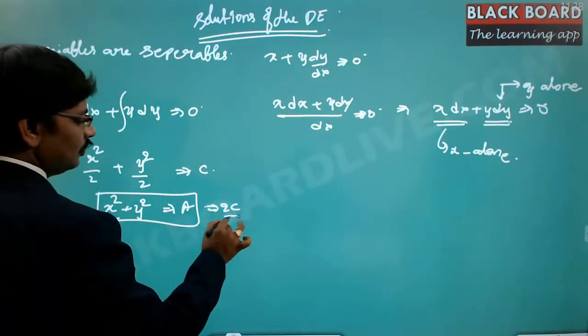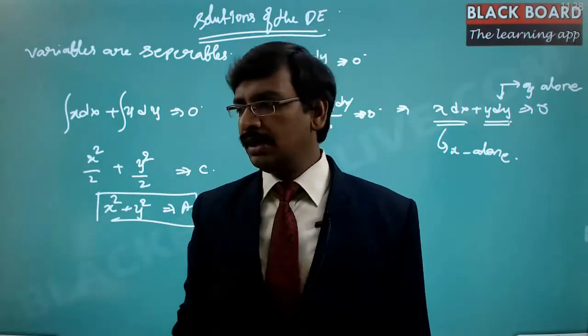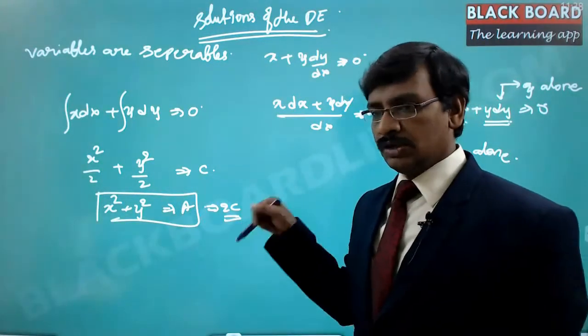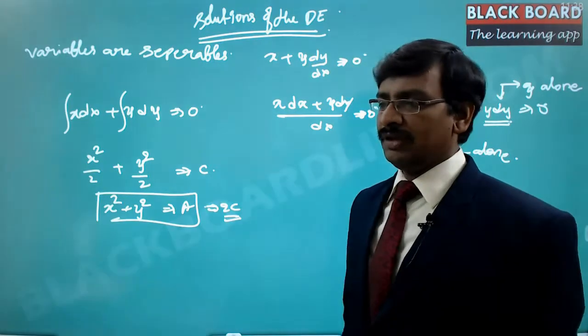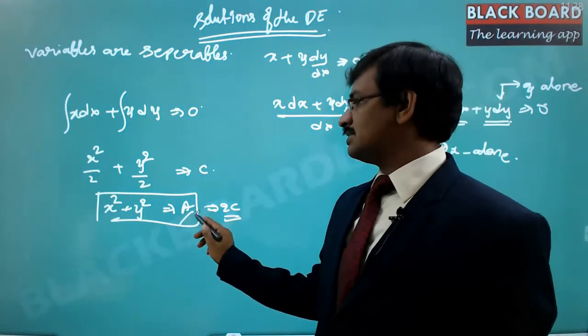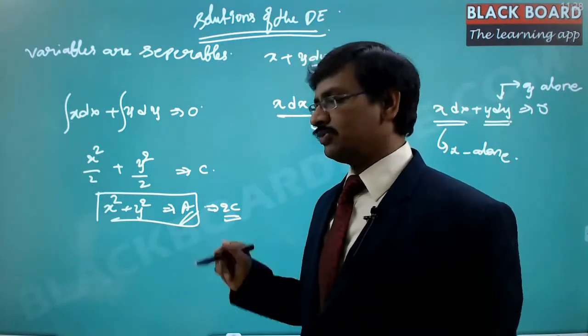So that is up to you how you want to treat this arbitrary constant, because here c is a constant, a is also a constant, but the relation between c and a is 2c is equal to a. So finally, as this is an arbitrary constant, you can put your own variable. You can put any name to that one.